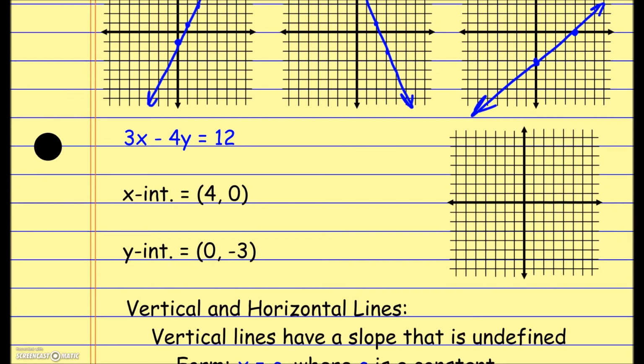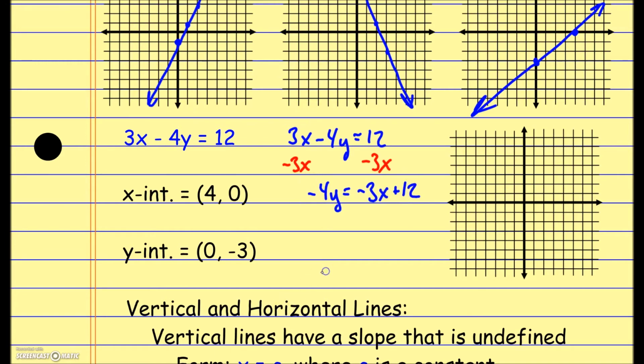When I look at something like this, this is the example we did on the previous page using the x and y intercepts. This time we'll do it in terms of slope-intercept form. If I wanted to use slope-intercept form for this one, I have to solve this equation and rewrite it in terms of y. So I have to subtract the 3x from each side. I end up with negative 4y equals negative 3x plus 12.